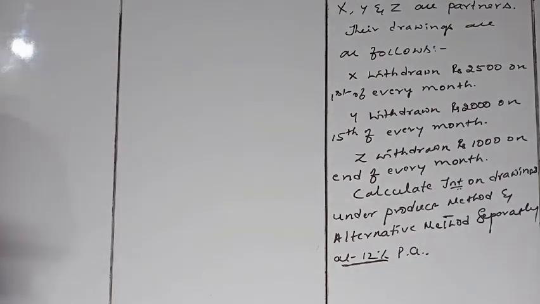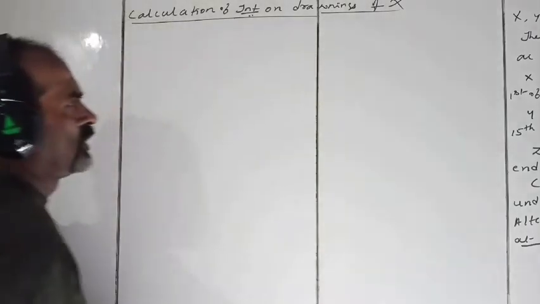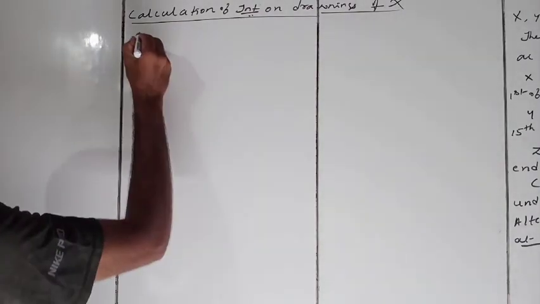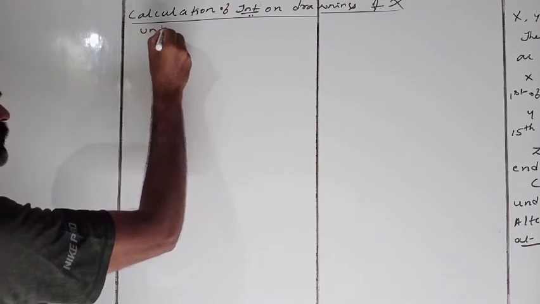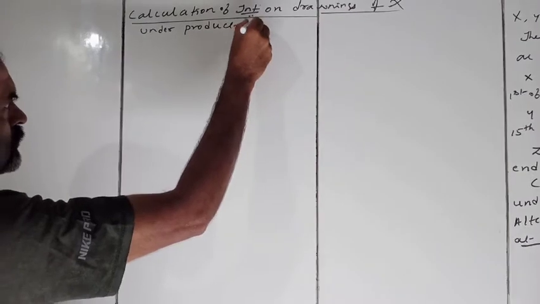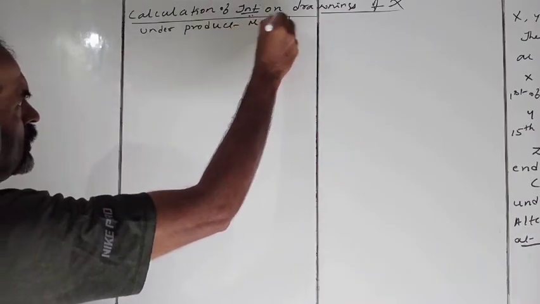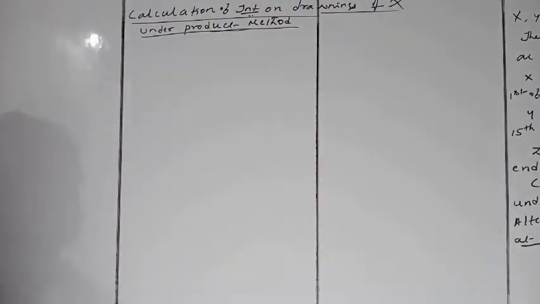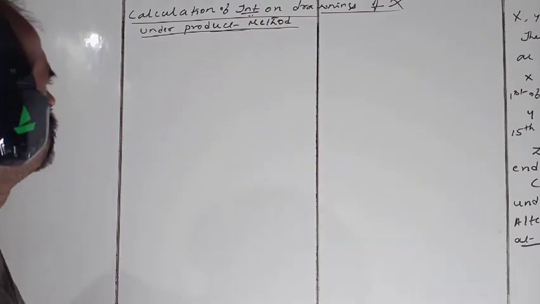Yes, the first heading, calculation of interest on drawing of X. Under that, calculate under the product method. How to calculate under the product method, you know.